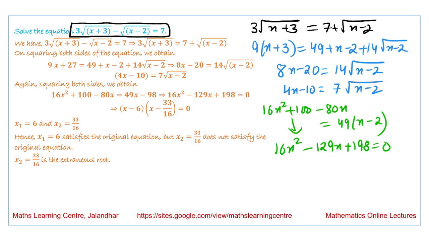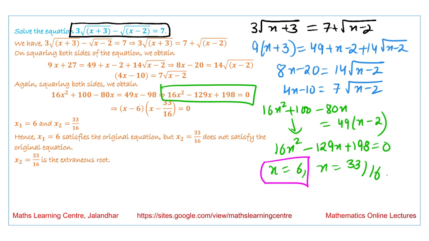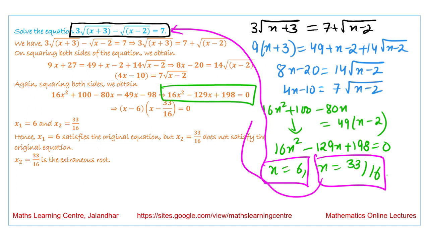And the solution for this equation is x is equal to 6 and x is equal to 33 by 16. If we substitute x is equal to 6 and x is equal to 33 by 16 in the original equation, we will see that x is equal to 33 by 16 does not satisfy the original equation. So the only solution we have is x is equal to 6.